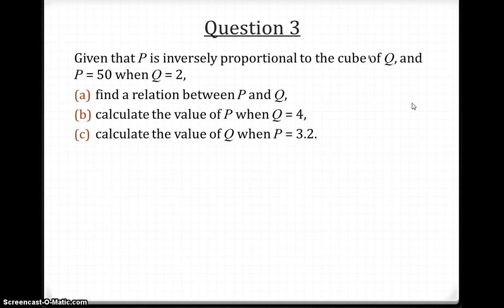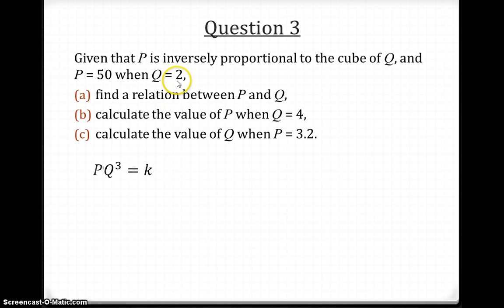Question 3. Given that p is inversely proportional to the cube of q, and p is 50 and q is 2, find the relation. We have learned the word equation, we have learned the word law. If the question asks you to find the relation, it is asking you to find the equation as well.